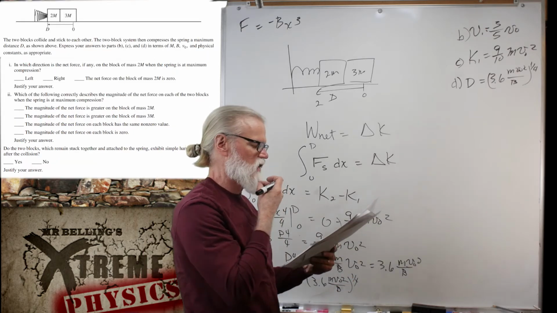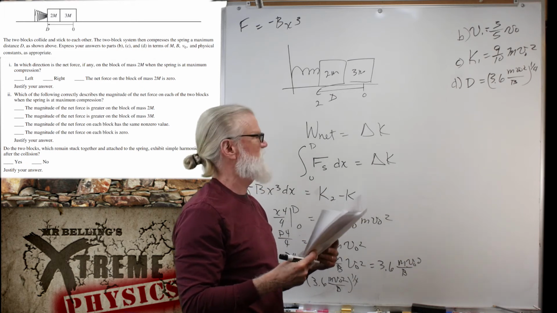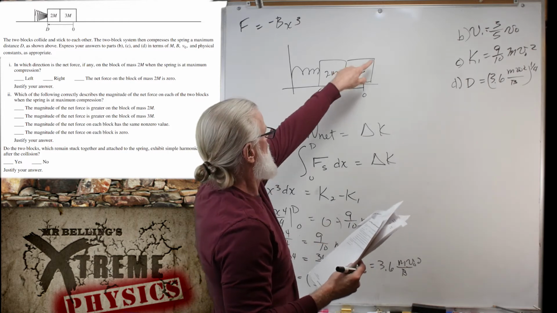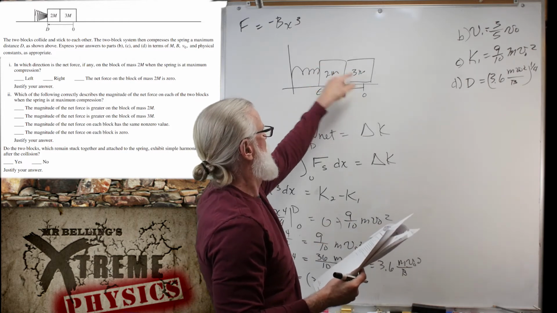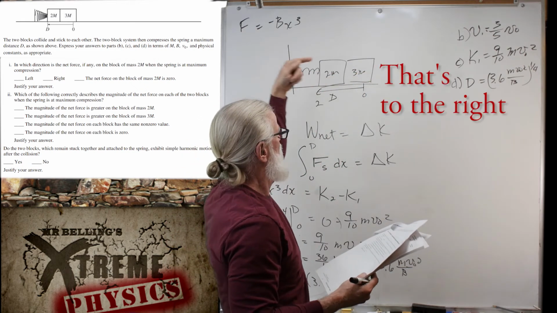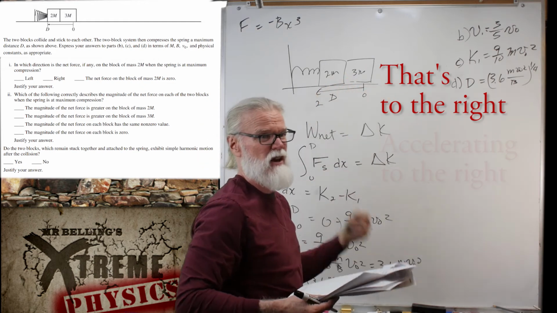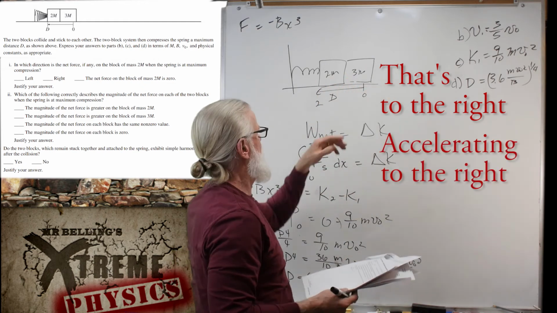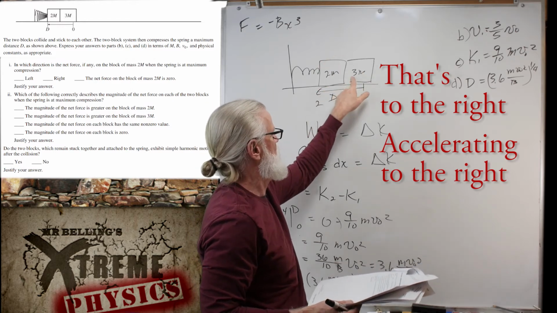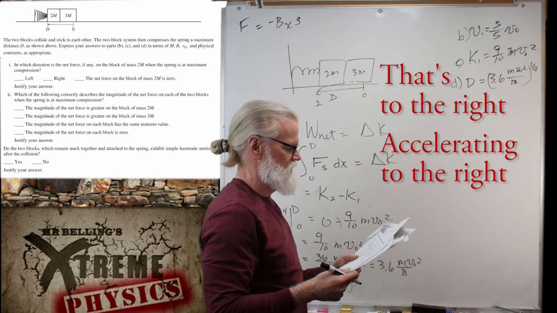In which direction is the net force, if any, on the block of 2m when the spring is at maximum compression? Well, if we take a look at the whole system, there's a net force this way, right? It's compressed. So there's a net force to the left. So the whole system, these two are accelerating to the left because there's a net force to the left. And if this is accelerating to the left, then there's a net force on this. Even though 3m is pushing on it, the spring must be pushing more.